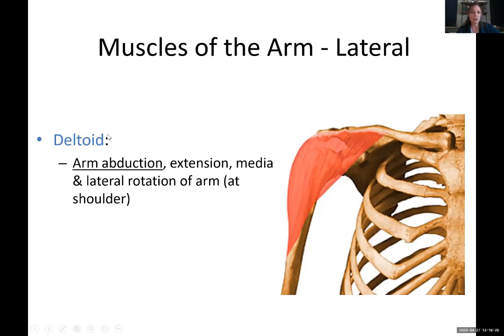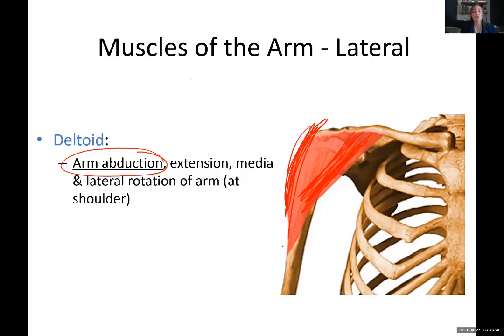So the muscles of the arm, since we're here up at the shoulder, we're going to go through the deltoid. The main job for the deltoid is arm abduction. That means pulling your arm away from your body. Now, because our deltoid has three sections, there is an anterior section, and there's a middle section, and then you can't see in this picture a posterior section.